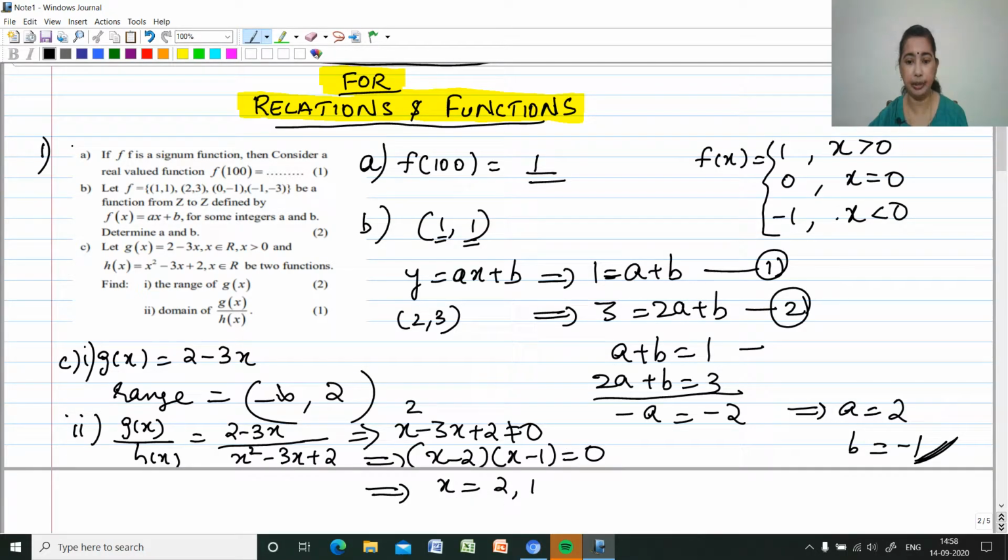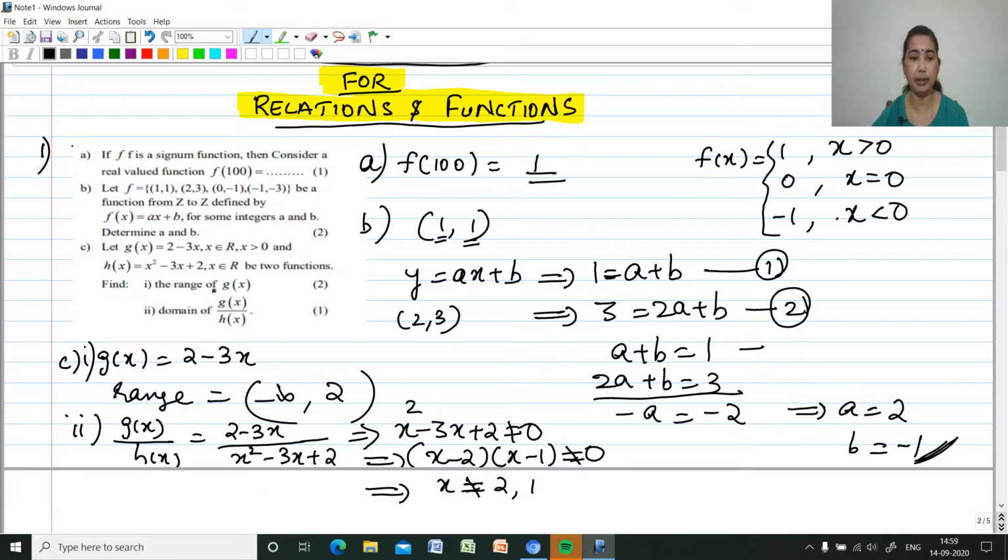We should not get the denominator as 0. So in order not to get the denominator as 0, we should not put the value 2 or 1. If I put 2 here, the denominator will be 0. If I put 1 also, you will get it as 0. So what all can x take?